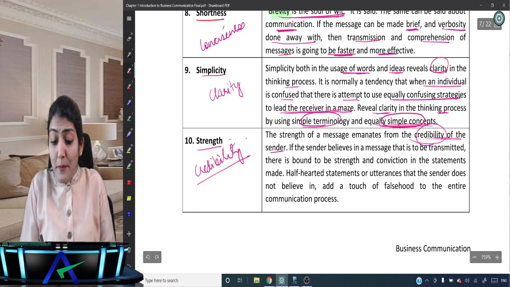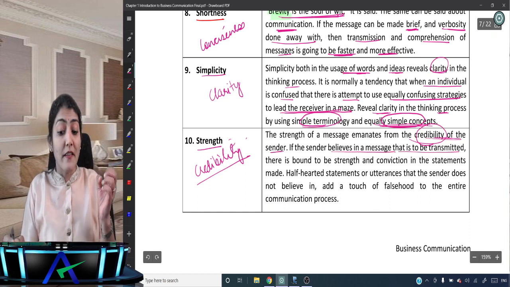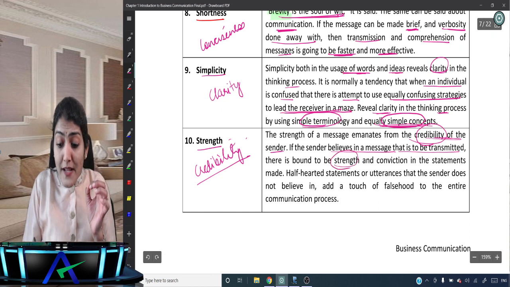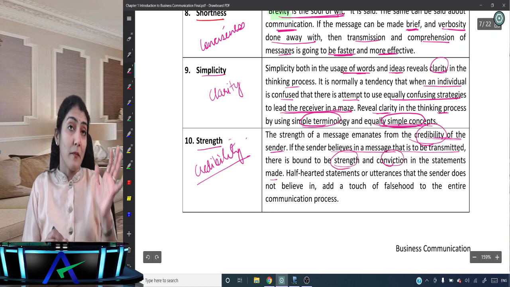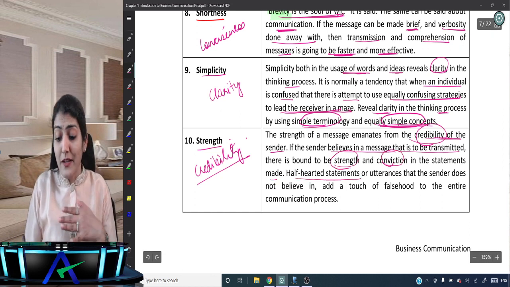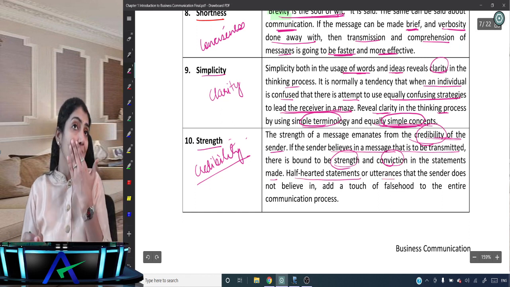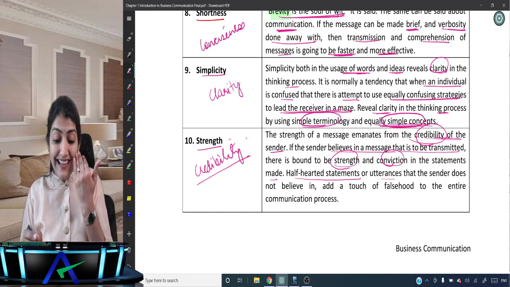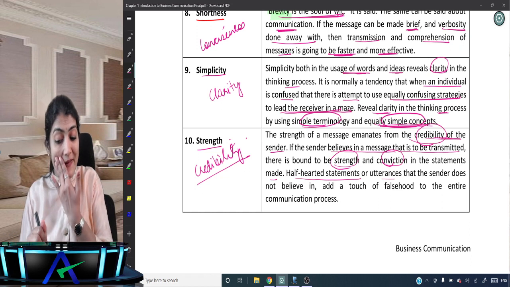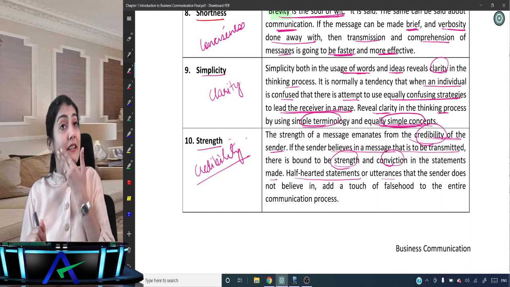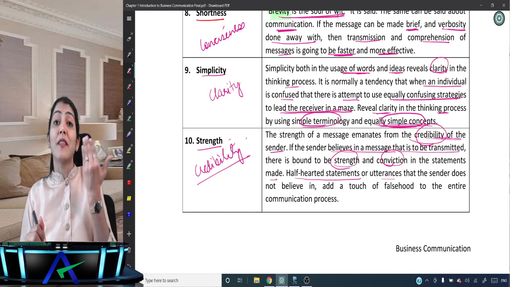If the sender believes in the message that is to be transmitted, there is bound to be strength and conviction in the statements made. Half-hearted statements or utterances remind me of the political rallies which take place just before the elections.